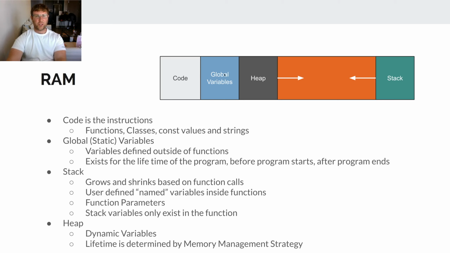In a different section, we'll have what are called our global variables, and we'll talk about exactly what global variables are in whichever programming language we're talking about, Kotlin or Java or Swift. But this is some data that could change, but it's defined outside of any functions. So the lifetime of these pieces of data exist before the start of the program and after the program ends. So again, it exists for the lifetime of the entire program.